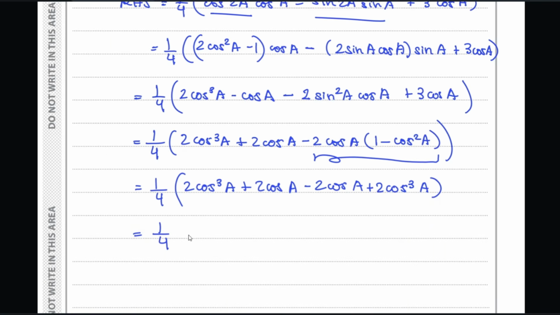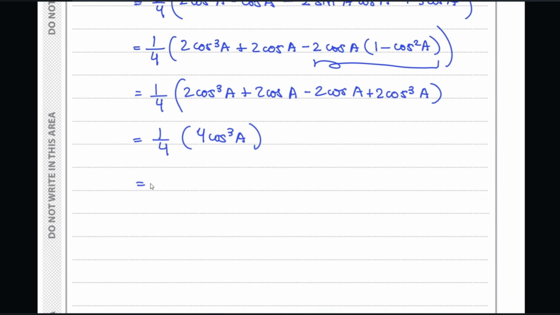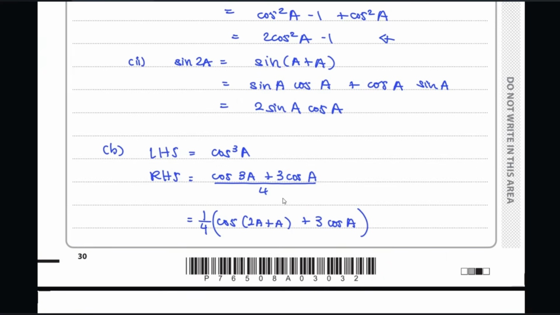And then let's simplify. So we have 2 cos cubed a, we have another 2 cos cubed a, and that becomes 4 cos cubed a. And then these two middle terms, 2 cos a minus 2 cos a, they cancel. So we only have this. And when it multiplies with 1 over 4, that becomes cos cubed a, and that is equal to left-hand side. So we've shown that left-hand side is equal to right-hand side.